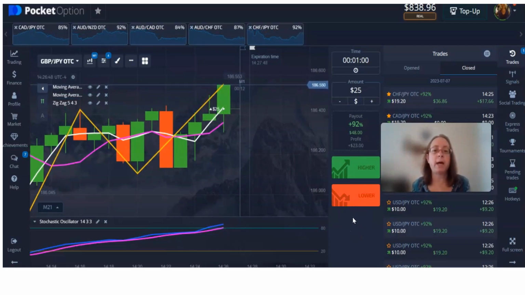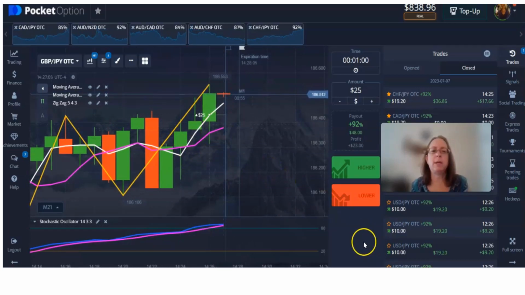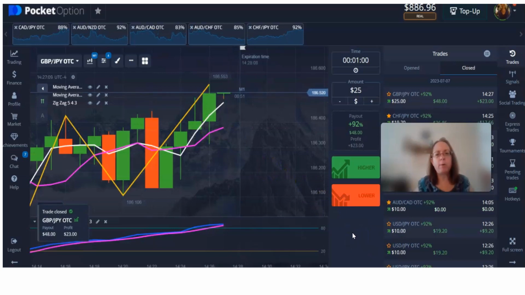So we are going to actually win this trade too. So that's going to be another $48 in profit. There it goes. And you see how these strong V's are here. That usually means that it's going to keep continuing. And there we go, we won that one.